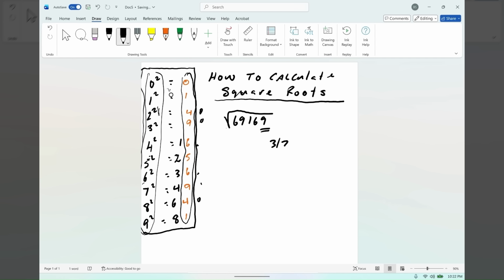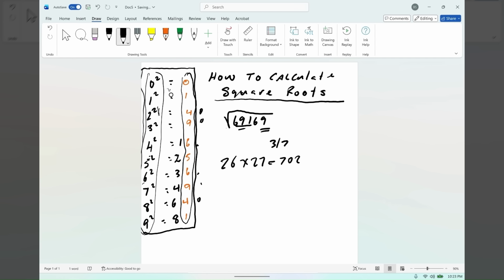But I know the square of 25 is 625, and the square of 26 is 676, which is right below this. So I know that if I multiply 26 by the number above it, 27, that would give me 702.